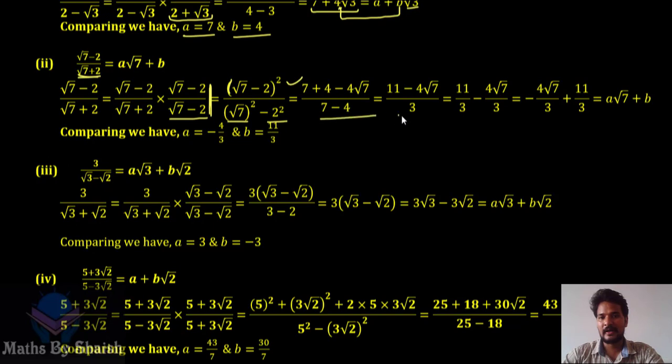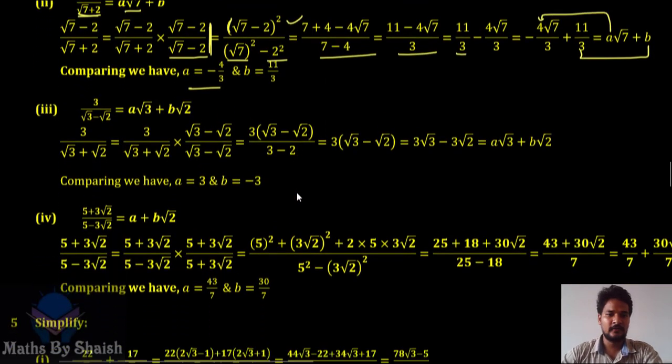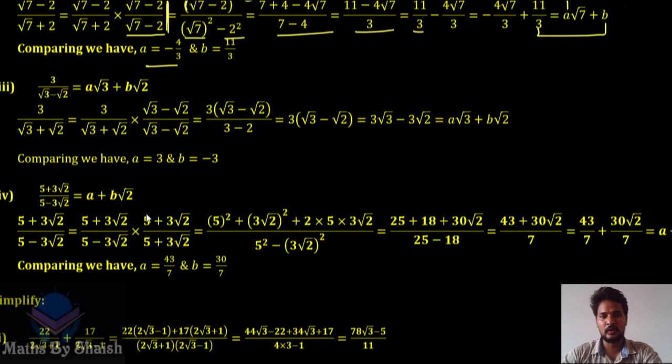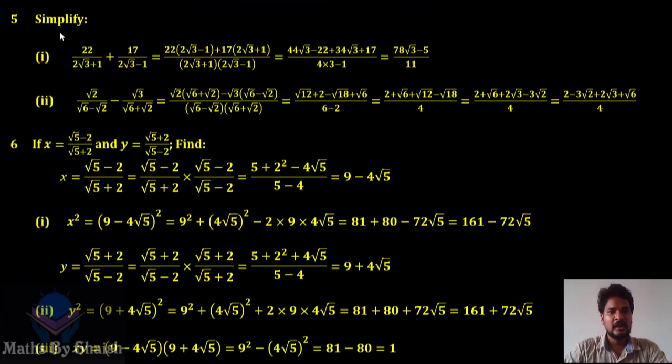So we will simplify this, and we got 11 by 3 minus 4 by 3 root 7, and I have written it with the root 7 first: minus 4 by 3 root 7 plus 11 by 3. Now if we compare, we get a value as minus 4 by 3 and b value as 11 by 3. Similarly for the third part and fourth part also, because in these questions we only have to do the rationalization. And here is the fifth question.